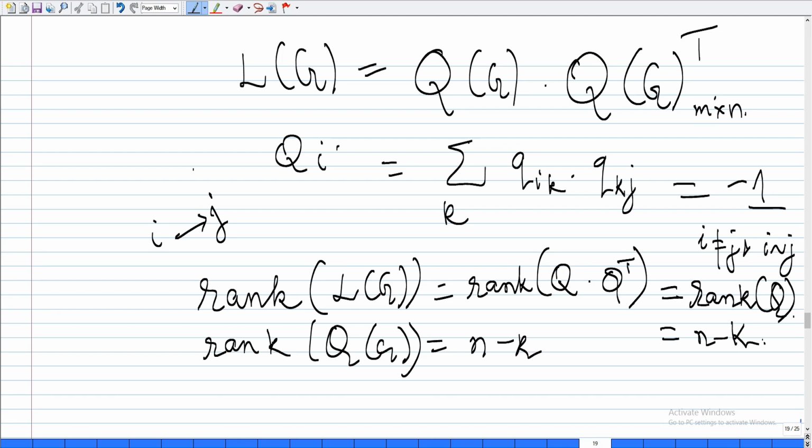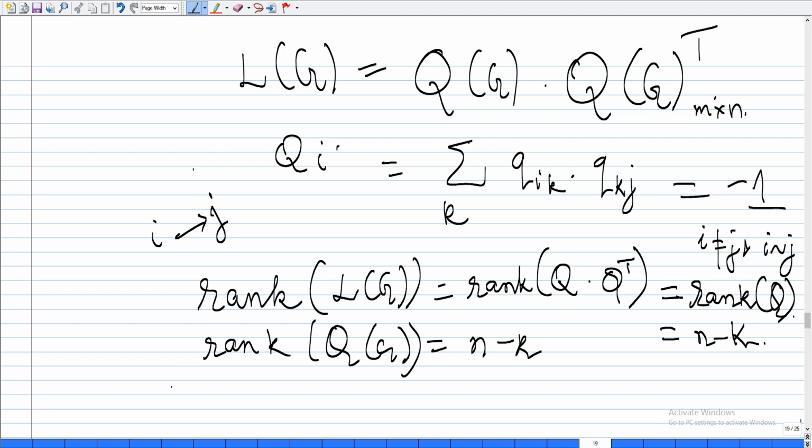So, from here what we can immediately observe is that when the rank is n minus k, we know that there are k 0 eigenvalues, right. Connecting this to the graph, we can say that if G has k components, then my L matrix will have exactly k 0 eigenvalues, okay. So, the multiplicity of the 0 eigenvalue in the matrix gives us the number of components of the graph.